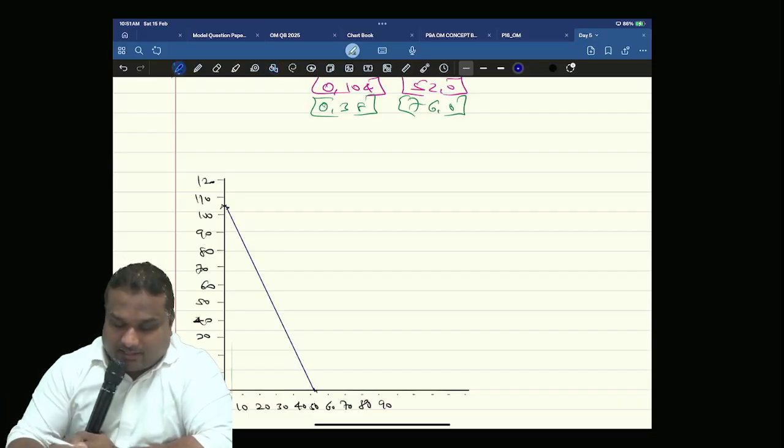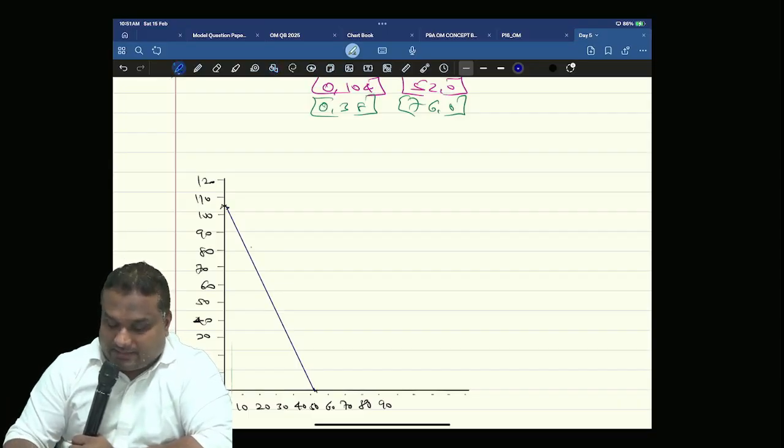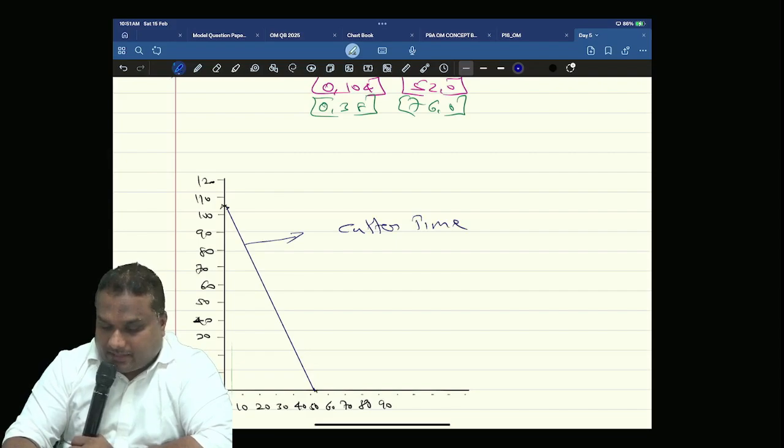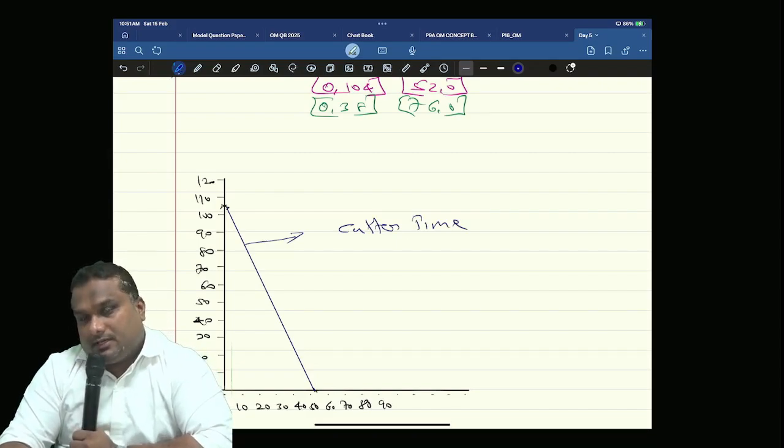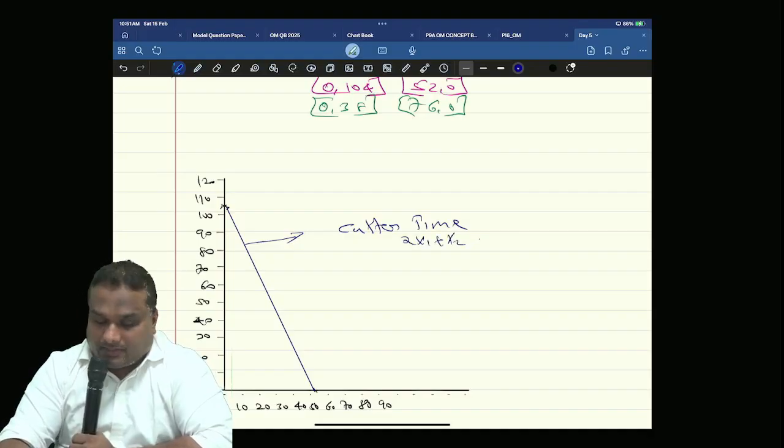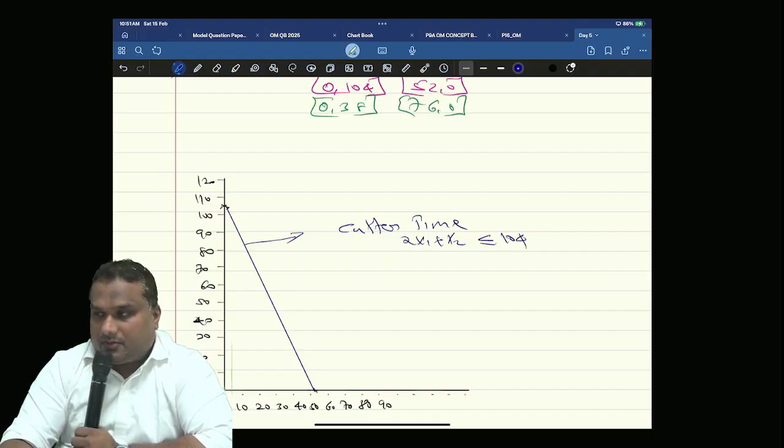This is cutter's time. What does it mean? The equation is 2x1 plus x2 less than or equal to 104. Deal or no deal?